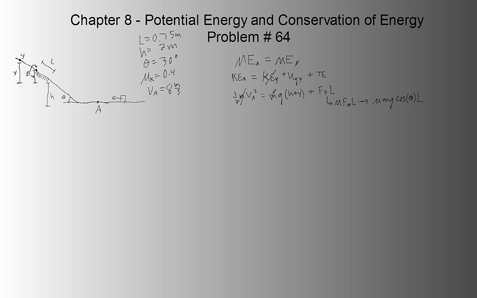Look at that, masses cancel. So we get 1/2 VA squared equals g. Oh, we know the velocity of A, so I'm going to just start plugging numbers in. 8 squared right here.